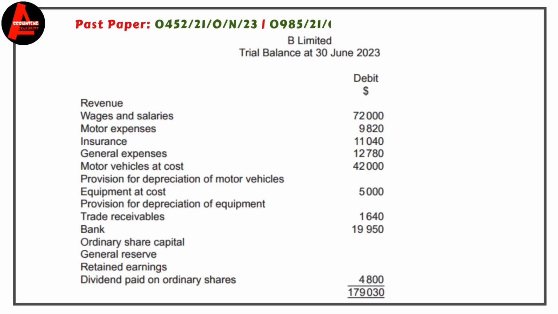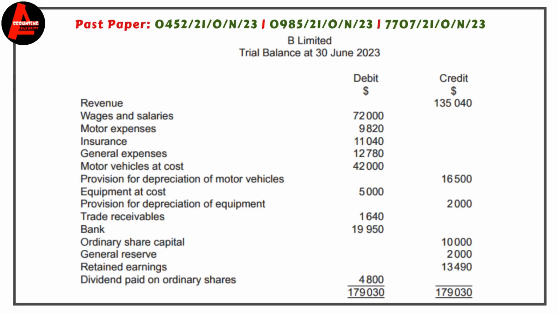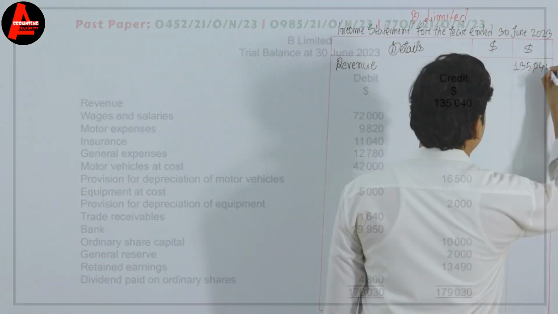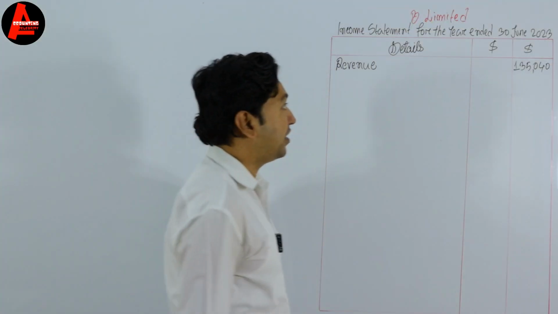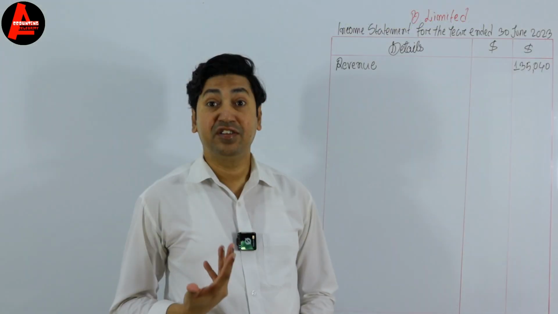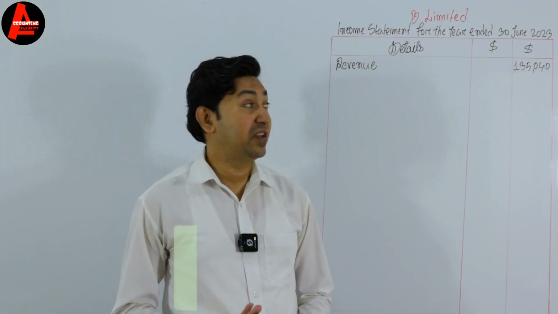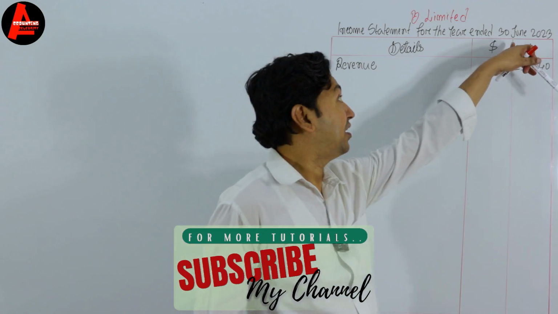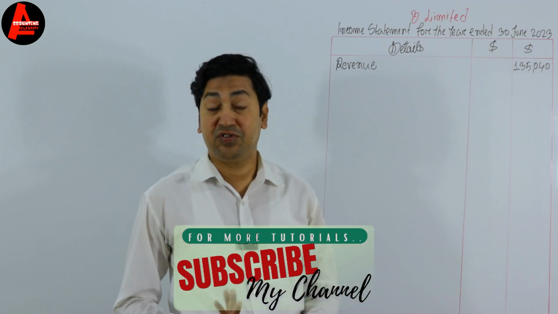On the question we have the first item, revenue, $135,040. Our first adjustment is revenue of $9,240 received in advance, okay? So we received it in advance, so this amount is not for this financial period ended 30 June 2023.